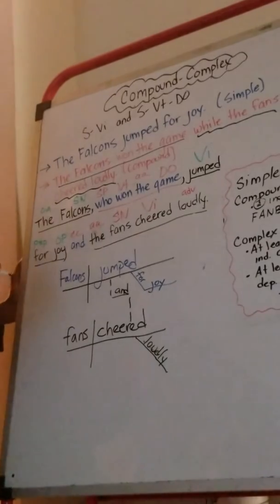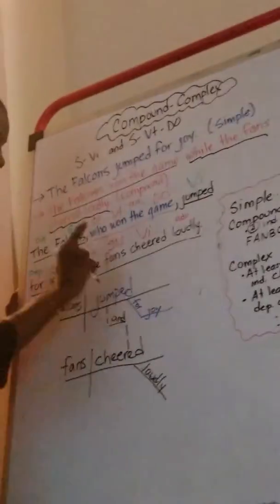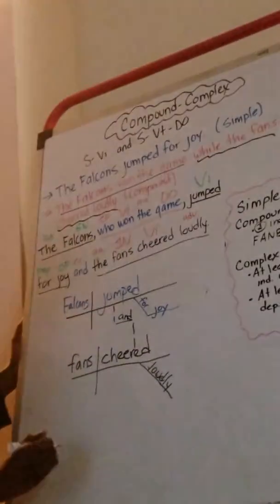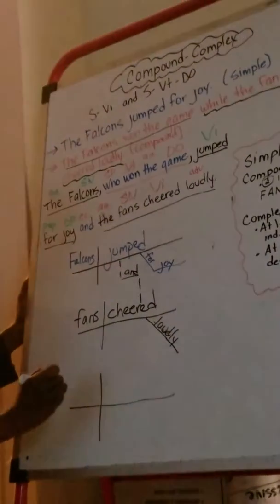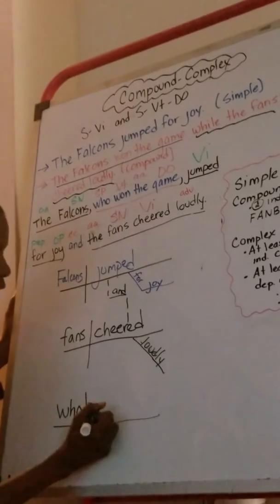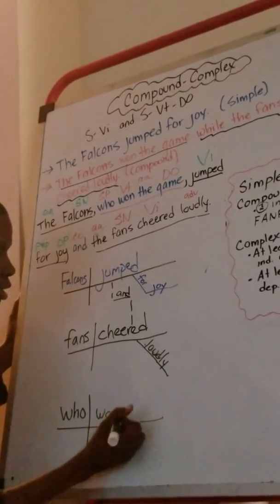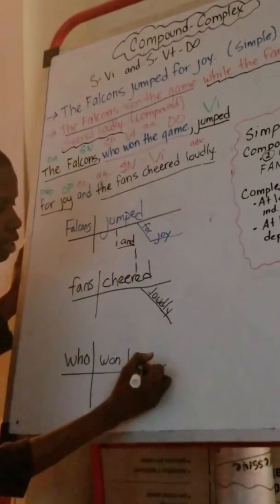And the FANBOY goes there. Now the only thing we have left to diagram is our dependent clause. Let's put that here at the bottom. Our subject goes here, that would be who. And then we have our verb, won. And then our direct object goes here, game.